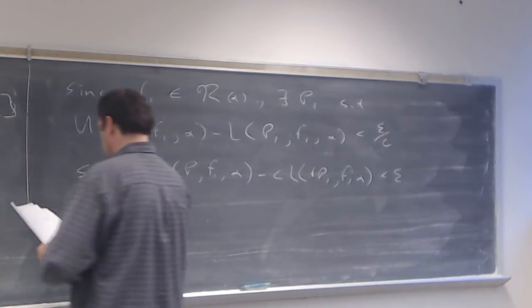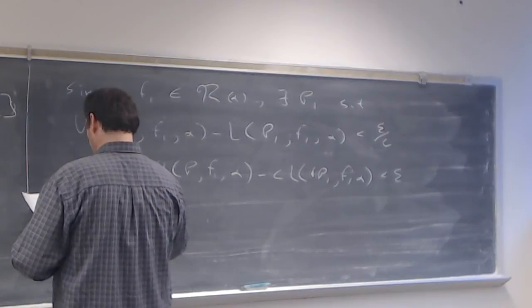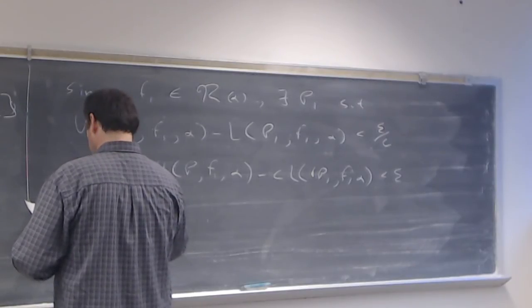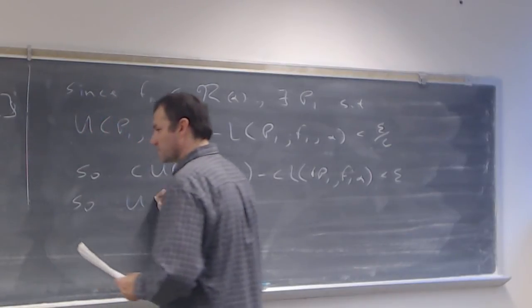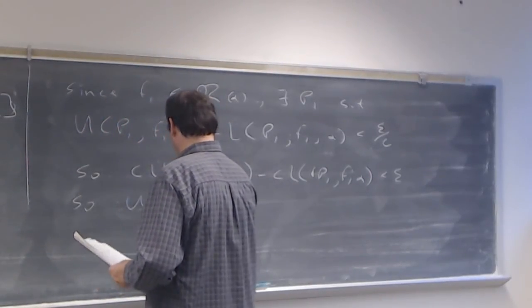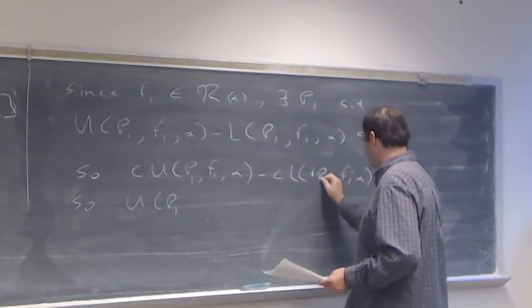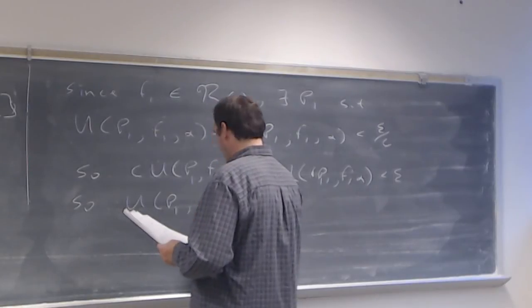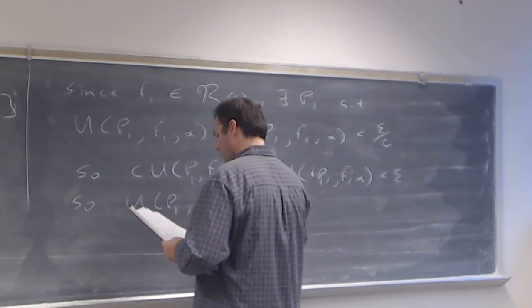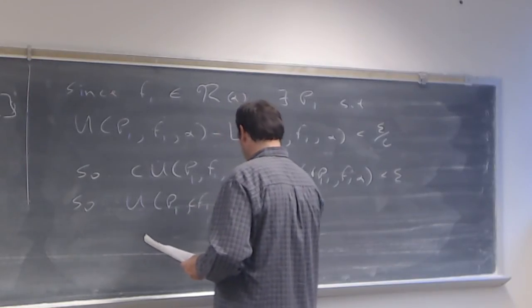So what that says is that the upper sum, so write this down, I didn't write this correctly up here. This should be P_1 here, with P_1, f_1 and alpha, that should be C f_1. That's right, that's the inner one.